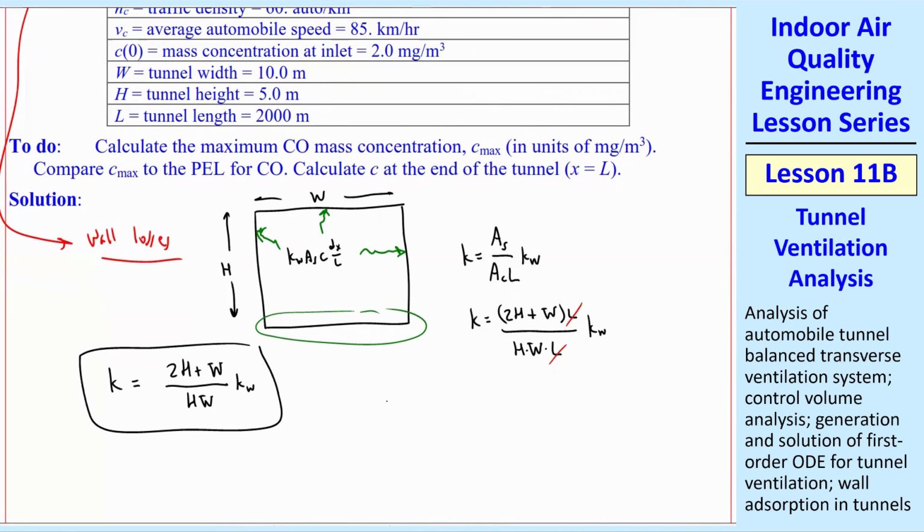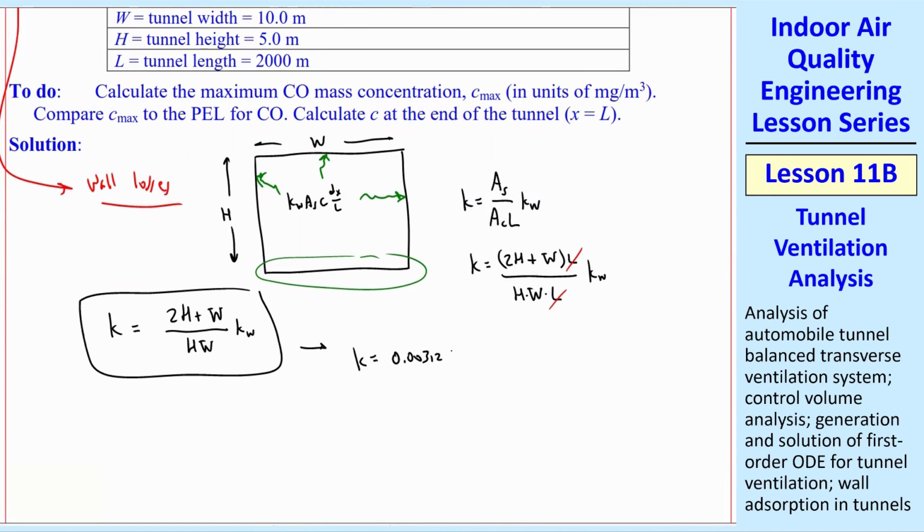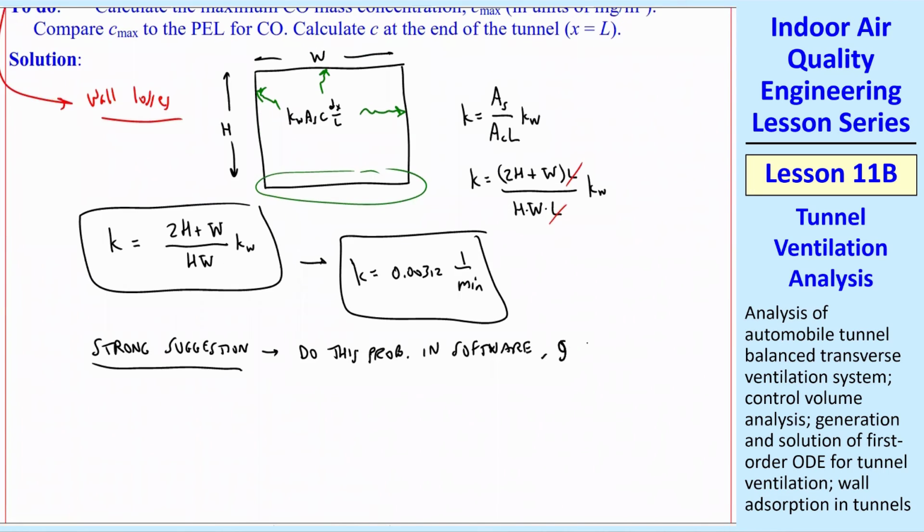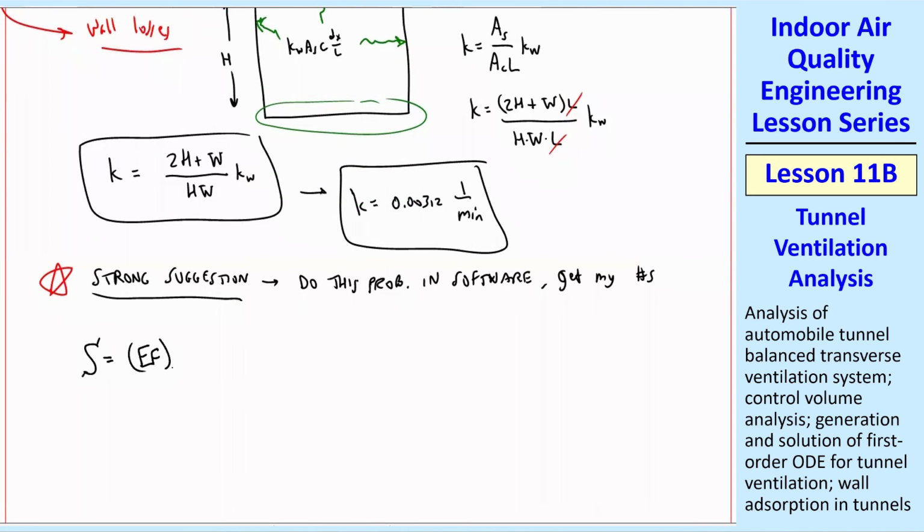And if you plug in the numbers, you get 0.00312 over a minute. This is a strong suggestion: do this problem in software and make sure you get my numbers correctly, and then you should have no problem doing the quiz. Similarly, capital S turns out to be 952,000 milligram per meter cubed. That's the total source strength.